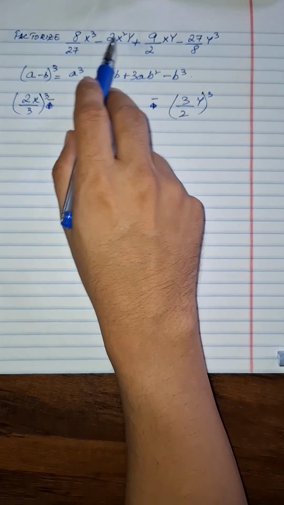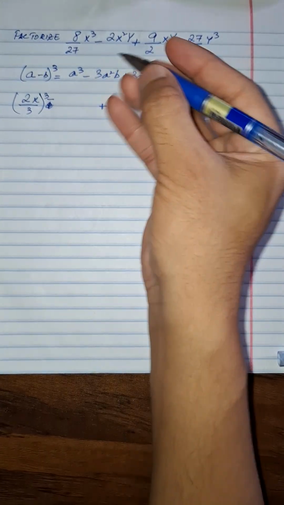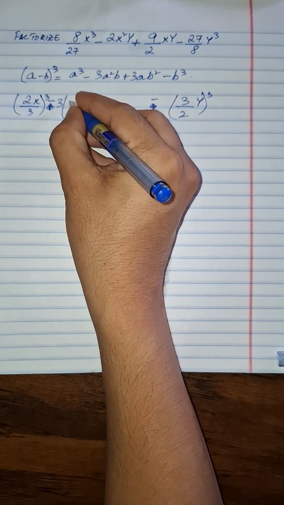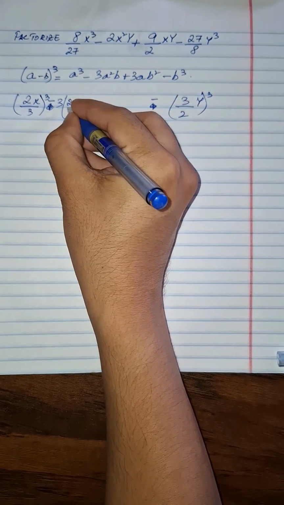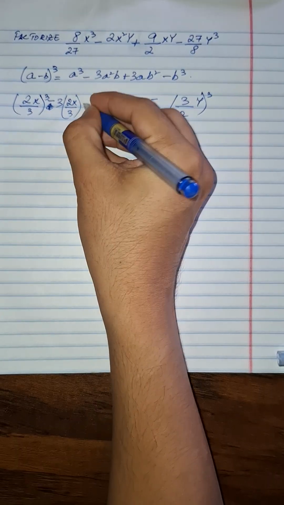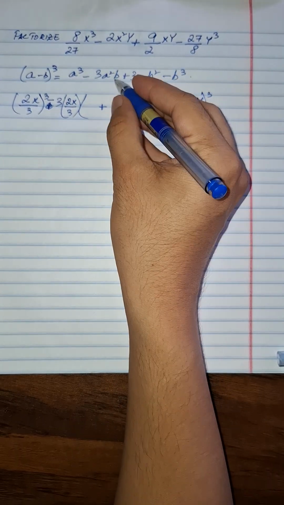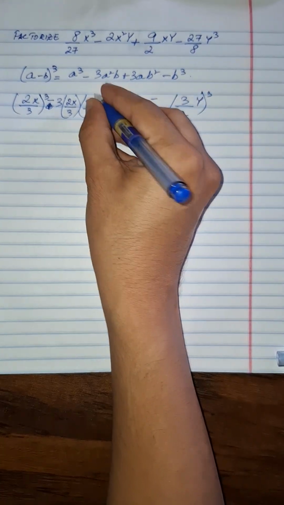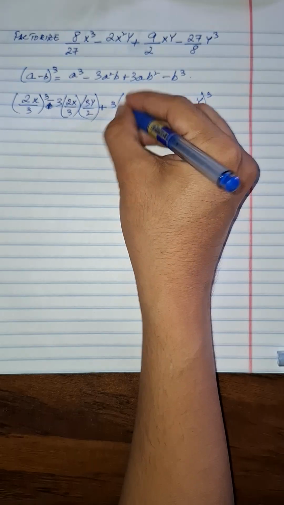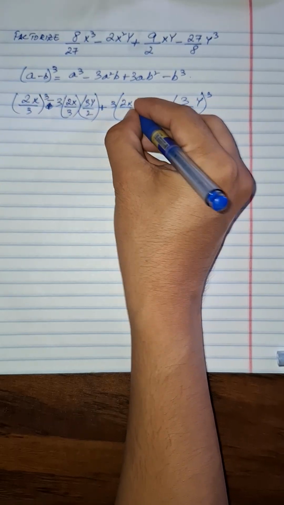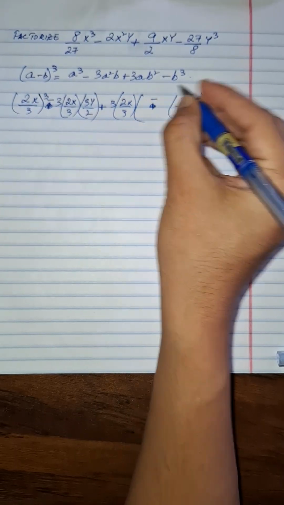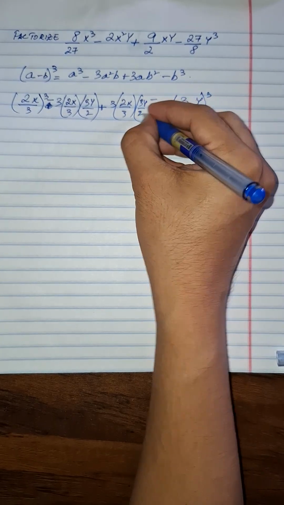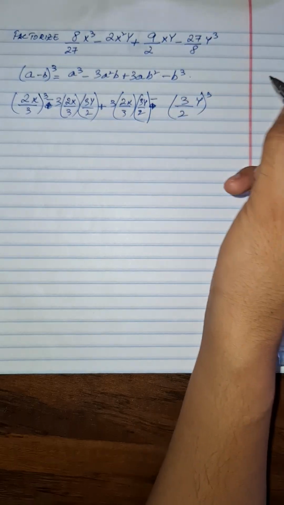Now it's 3, right? And then we'll write 2x upon 3 as a, and then we'll write b, that is 3y upon 2, and then we'll write 3a, 2x upon 3, and then 3y upon 2, that is b, right?